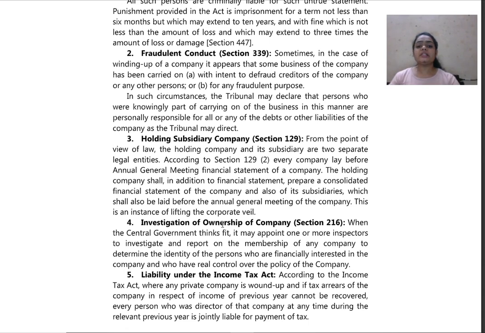In such circumstances, the tribunal may declare that the persons who were knowingly part of carrying on the business in this manner are personally responsible for all the debts or other liabilities of the company, as the tribunal may direct.